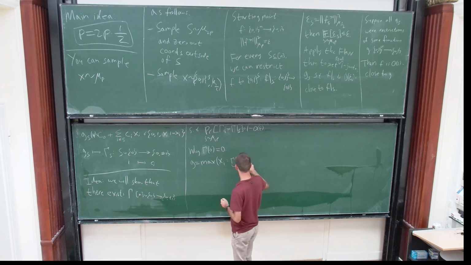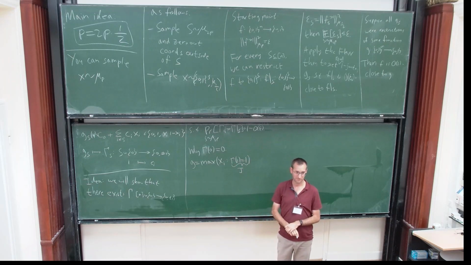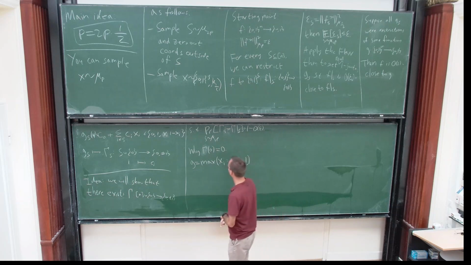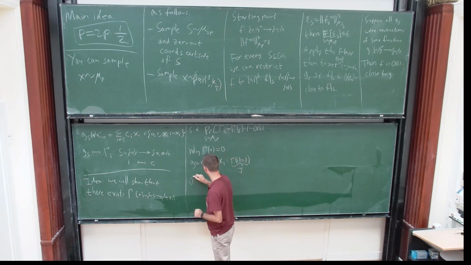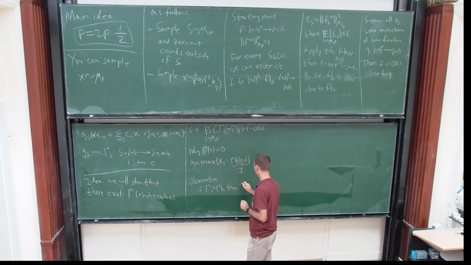And I'm going to call the set of these i's J. So J is the set of i such that gamma of i is equal to 1. And the observation is, if gamma_S is equal to gamma restricted to S, then G_S is a restriction of G to S.